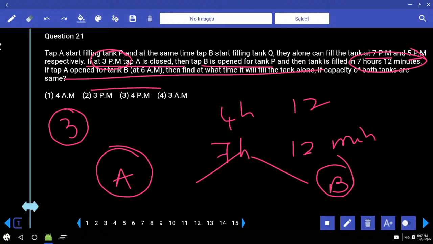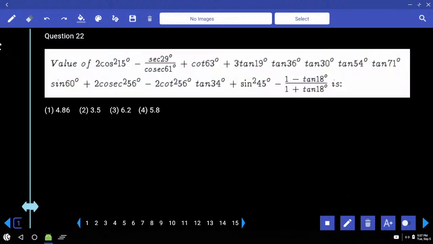Okay, next. 2 cos square 15 secant 29 cosecant 61 is 1. Tan 30 is 1 by root 3, into sin 60, root 3 by 2, isn't it? That is 3 by 2.